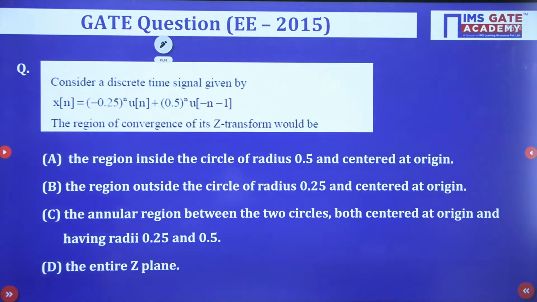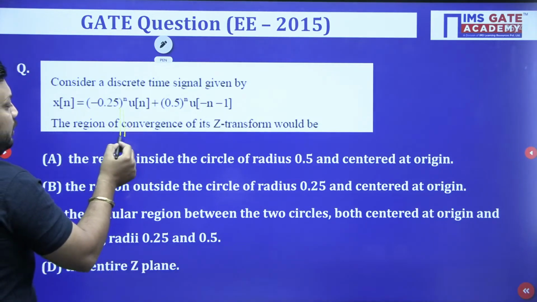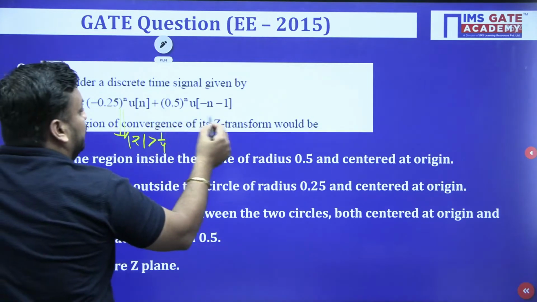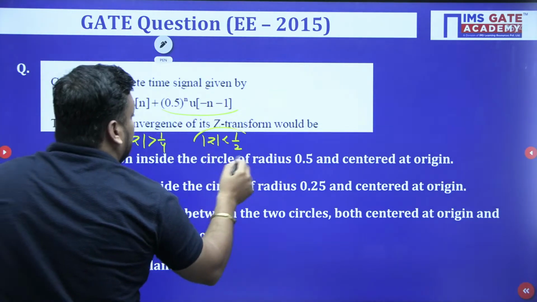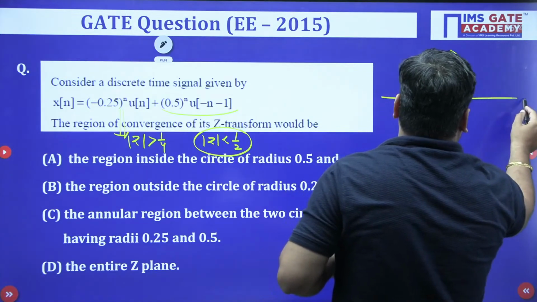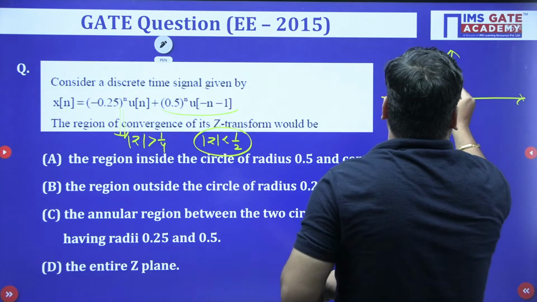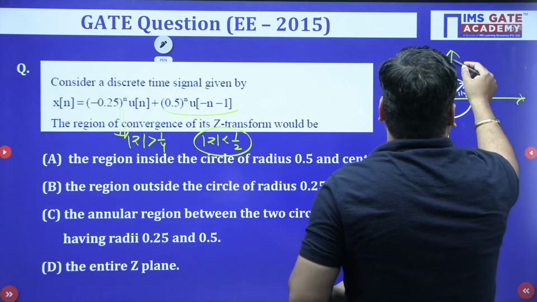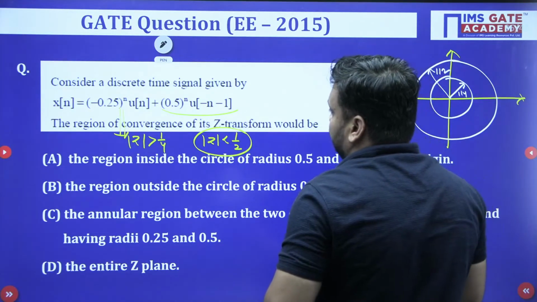Good student here. 0.5 power n, and 0.5 power minus n u of minus n minus 1. So here, the common ROC: after solving so many examples, this is very easy now. Mod of z is greater than 1 by 4, and the second term means mod of z is less than half. If mod of z is greater than 1 by 4 and less than half, I make a circle of radius 1 by 4 and one more circle of radius 1 by 2.